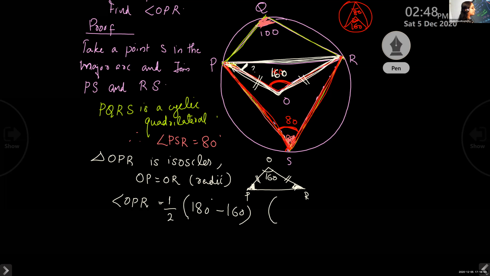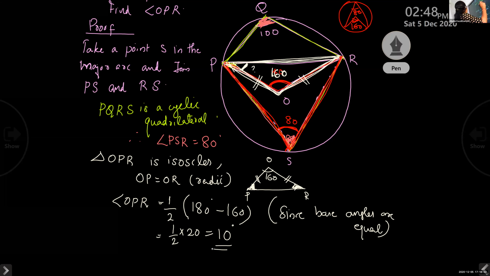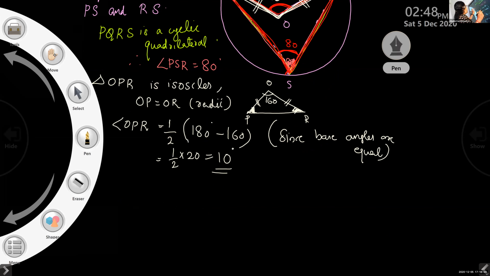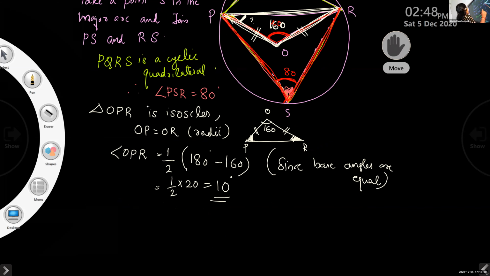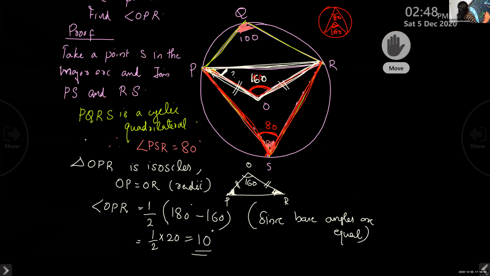Because base angles are equal for an isosceles triangle. So it is half of 20, equal to 10 degree. If it is 10 and 10, then only you will get that 180.